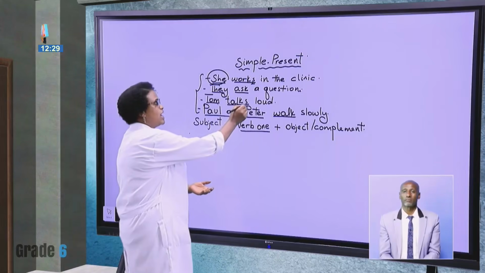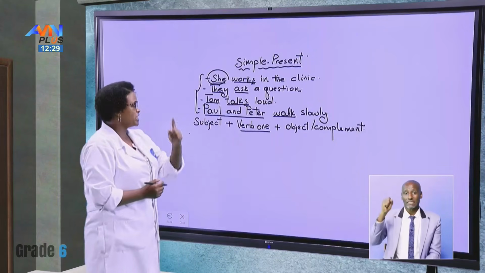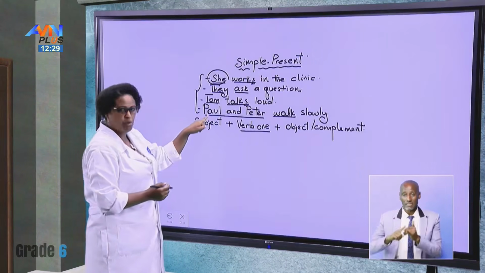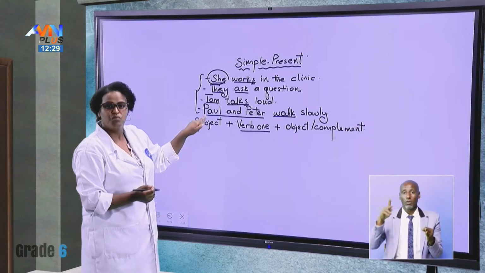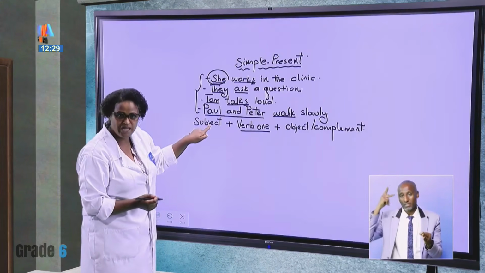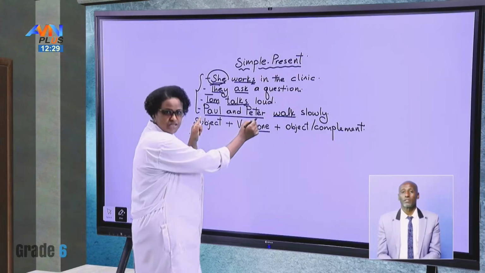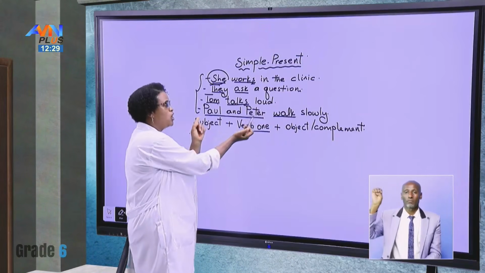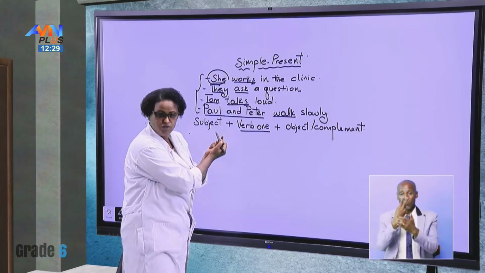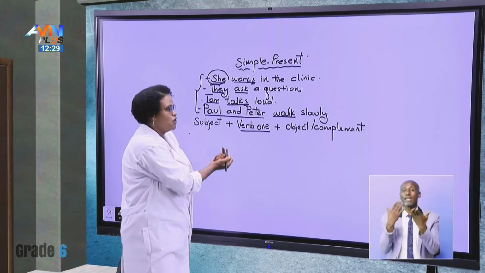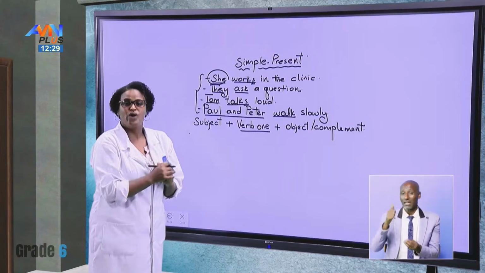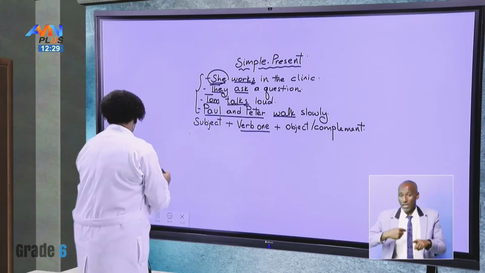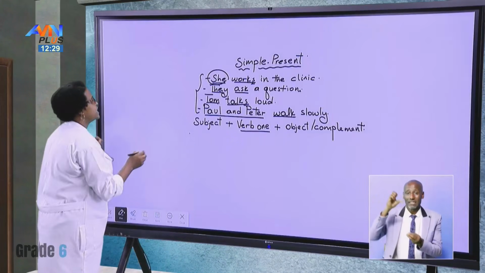So the verb adds S. But here on the last sentence, we have Paul. Of course, he, which is singular. But Paul is not the only subject, right? We have also Peter, right? So Paul and Peter, plural, which means they. For that matter, we don't need to add S. So when do we add S? We add S if our subject is singular.